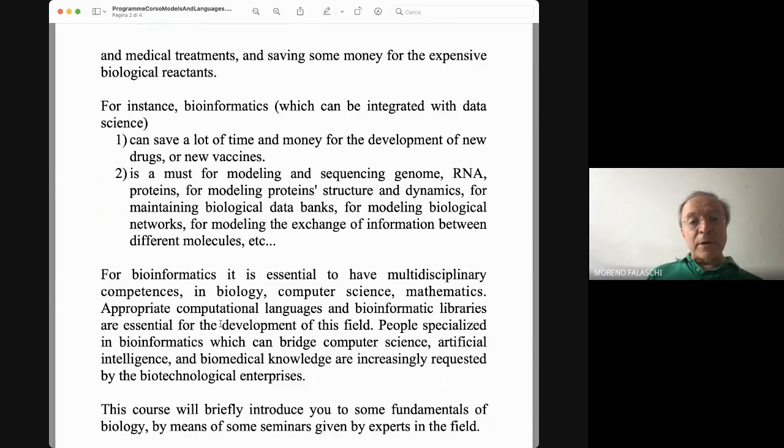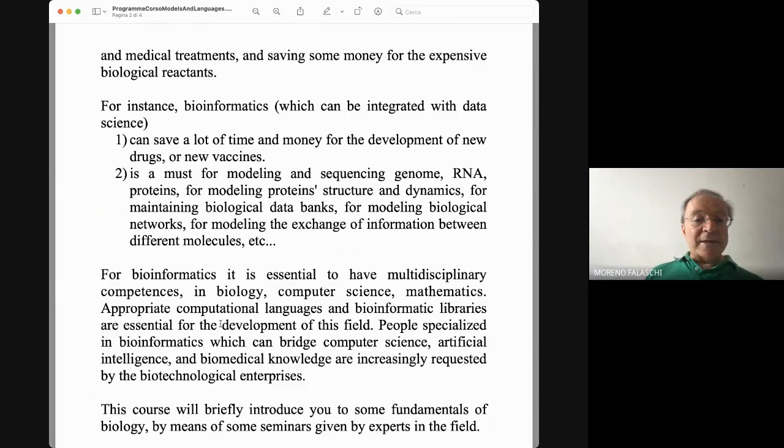So for instance, bioinformatics, which can also be integrated with artificial intelligence and data science, of course, can save a lot of money and time for development of new drugs or of new vaccine.